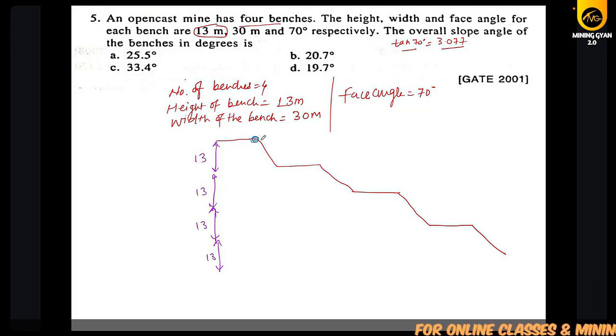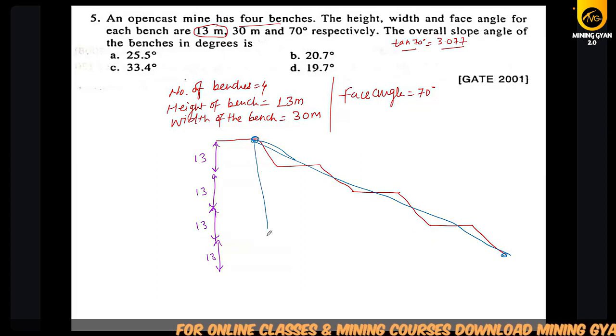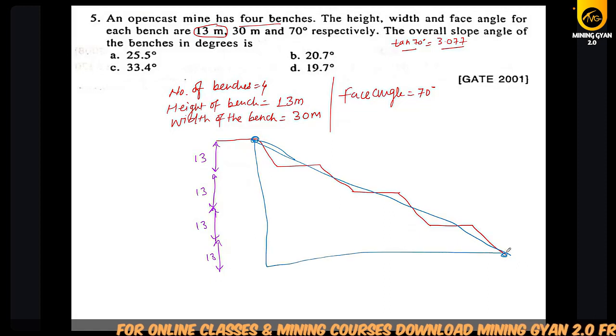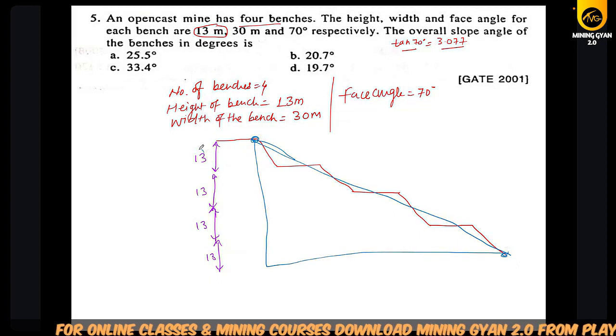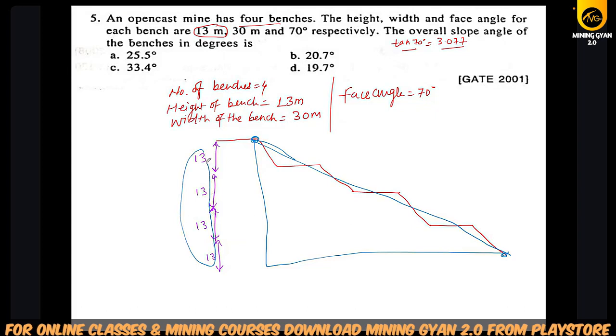Please connect these 2 points. This will be your overall sloping angle, and this will make a triangle. So tan theta equals 13 multiplied by 4, that is, 13 plus 13 plus 13 plus 13.